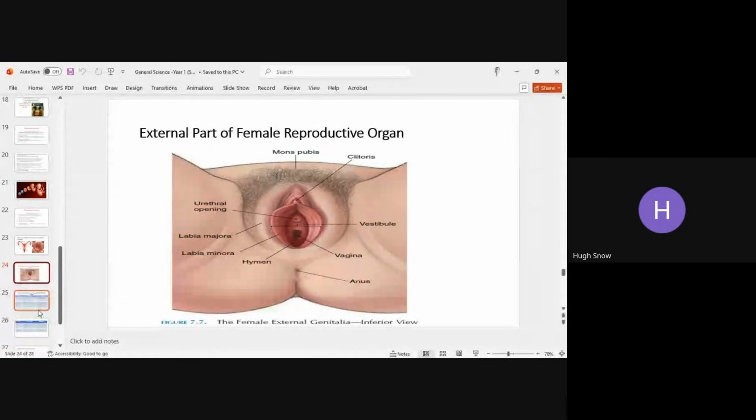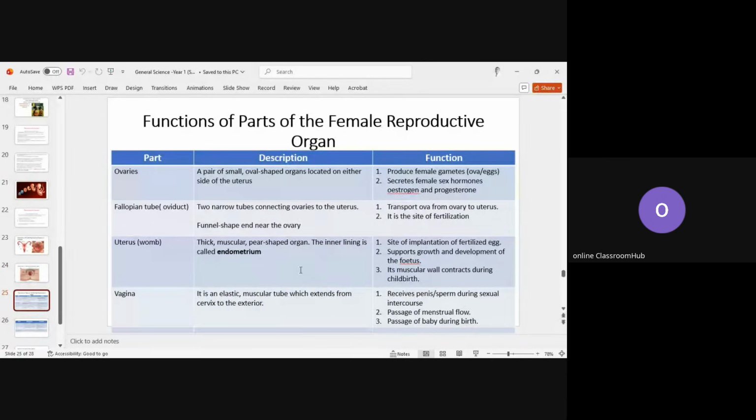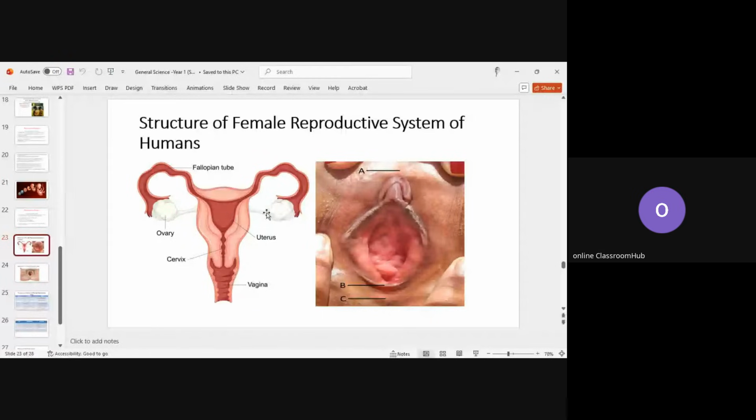Okay. Now, quickly, let's look at the function of these parts. The first one is the ovaries. The ovary is a pair of small oval-shaped organs located on either side of the uterus. So we have two, one on the left side and one on the right side.